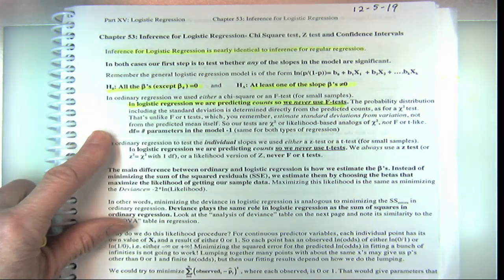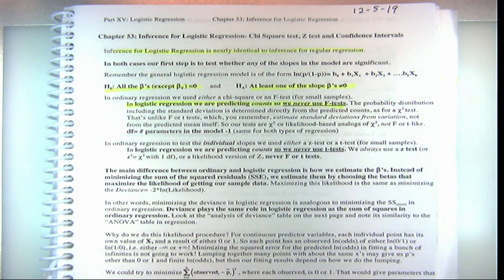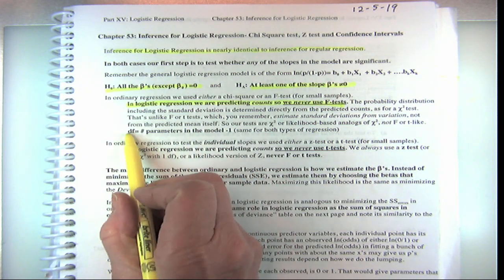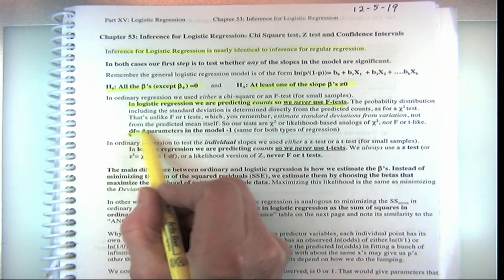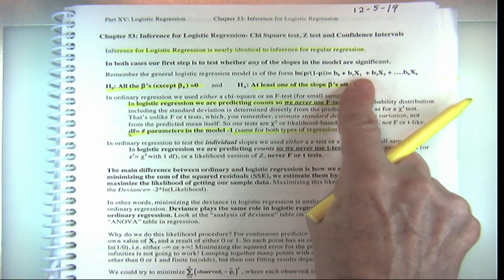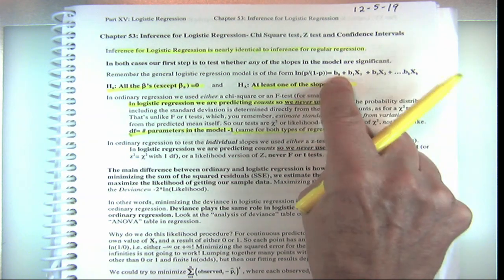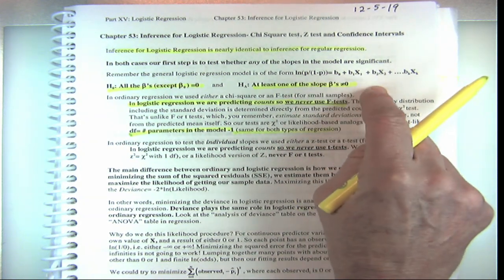We showed how it's very similar to a chi-square test. Okay, now what about the degrees of freedom? The degrees of freedom are just like we've had before for chi-squared. It's the number of parameters in the model, the number of these little b's, including the intercept, minus 1.